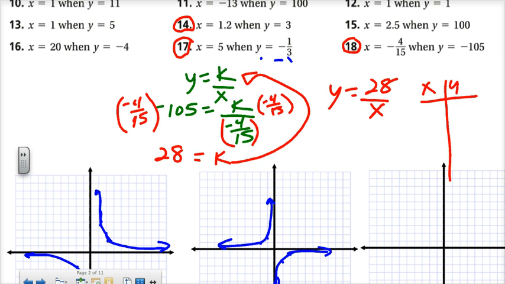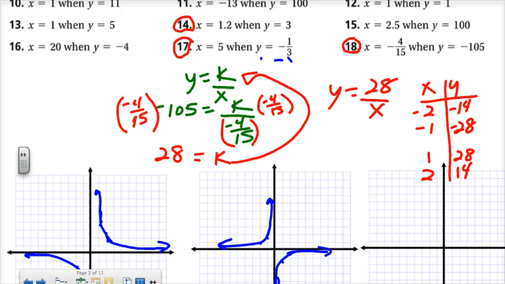And again, we want to try negative 2, negative 1, 1 and 2, see the symmetry as we go through this. 28 divided by negative 2 would be negative 14. 28 divided by negative 1 would be negative 28. And we can see that's really low already. And then a positive 1 will give us 28, and a positive 2 would give us 14.